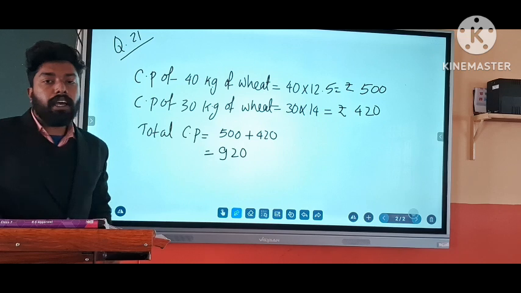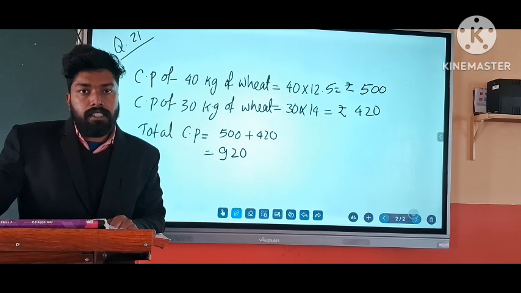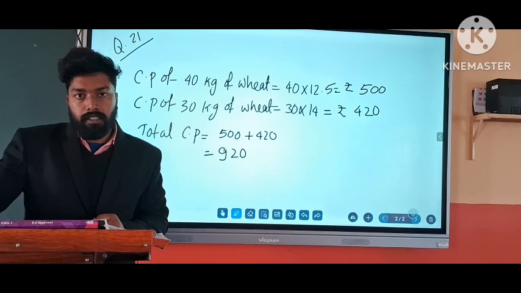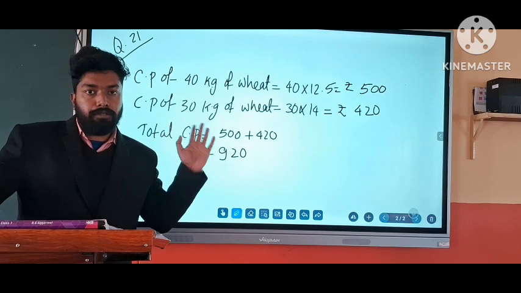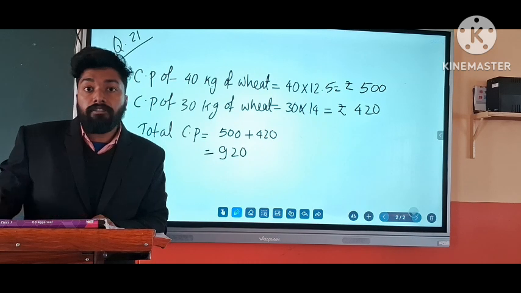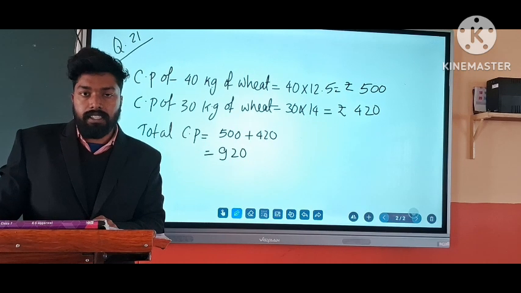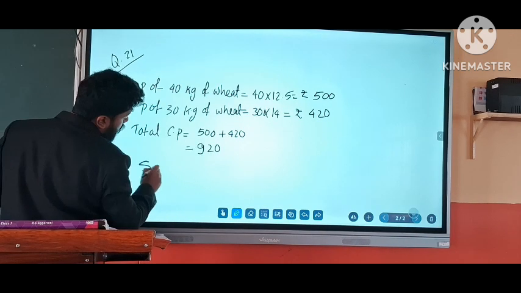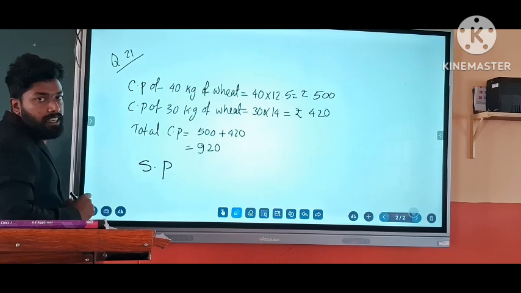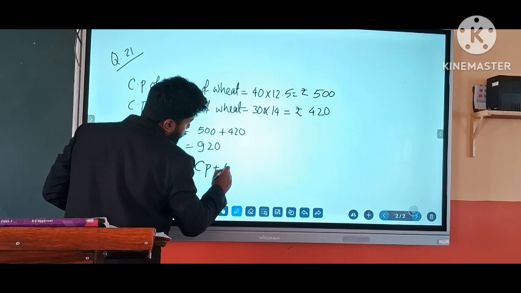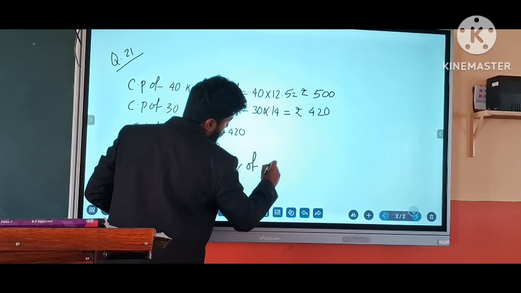Now we want to find out that in the whole transaction he sold this mixture of wheat, and in the whole transaction he wants to make a 5% gain. So he wants to sell the wheat in a way that the selling price is equal to CP plus 5% of CP.